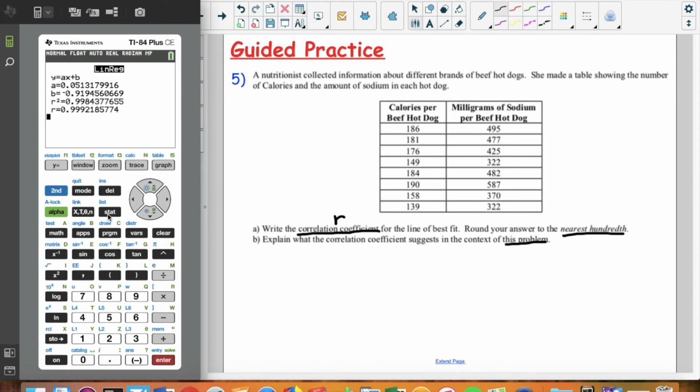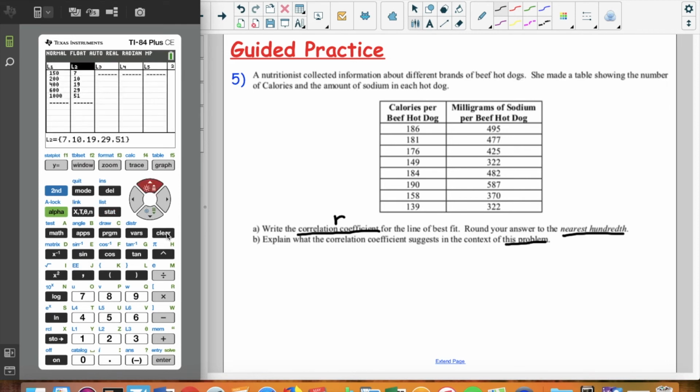Correlation coefficient, go to stat, go to edit. We have to type in our values in our table. So clear everything out, and we type them in. 186, 181, 176, 149, 184, 190, 158, 139.